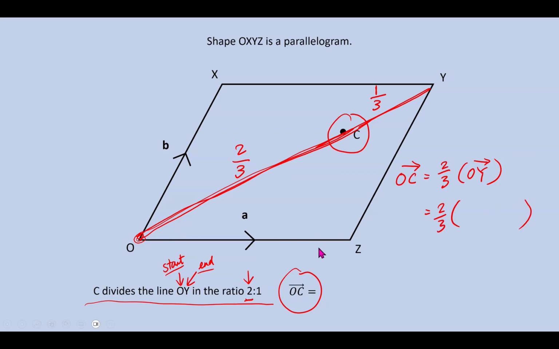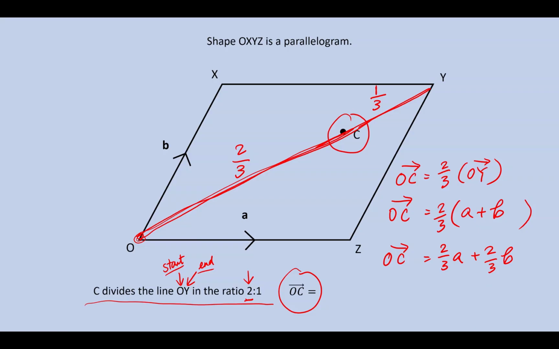From O to Z is A, I like the direction, so it's A. And then from Z to Y is B. I'm still going up, so I quite like the direction, so it's B. So your OC is 2/3 of A plus 2/3 of B.